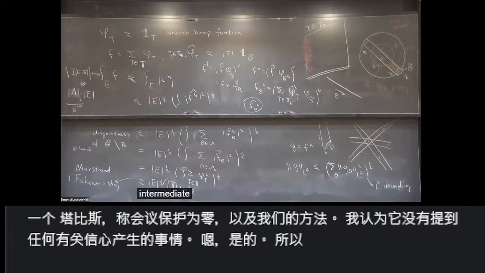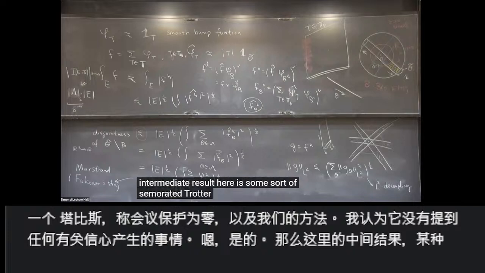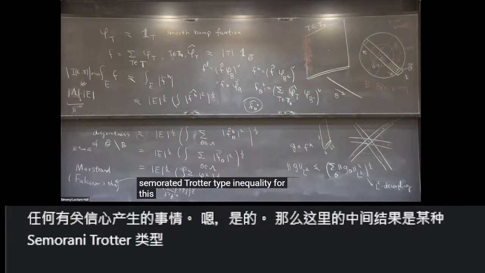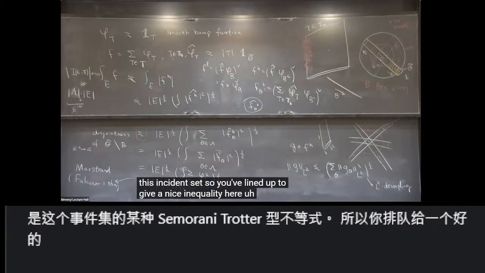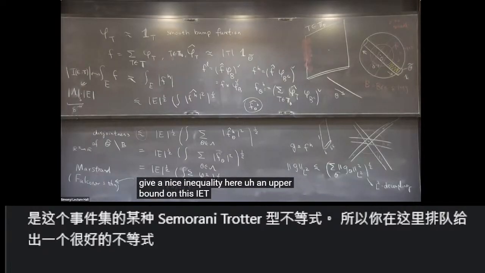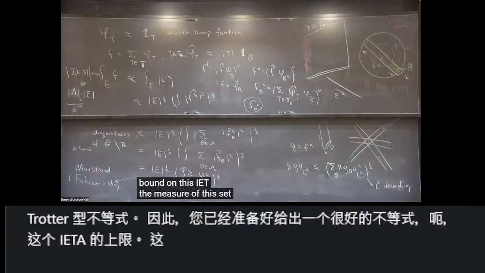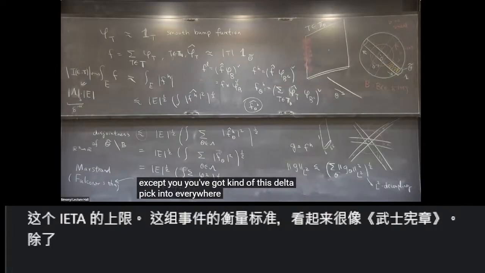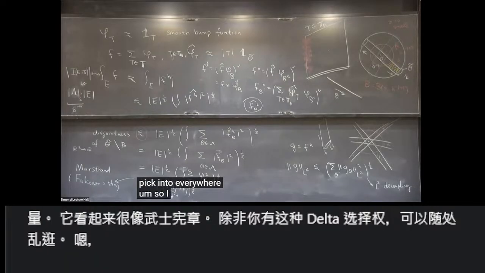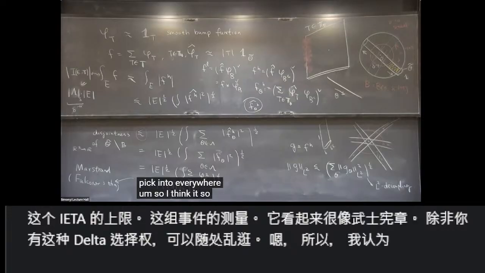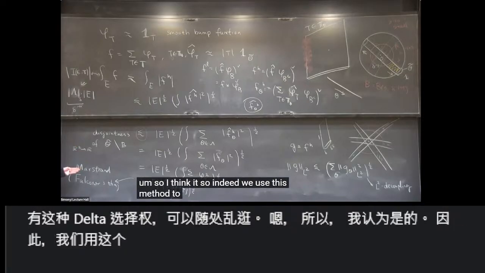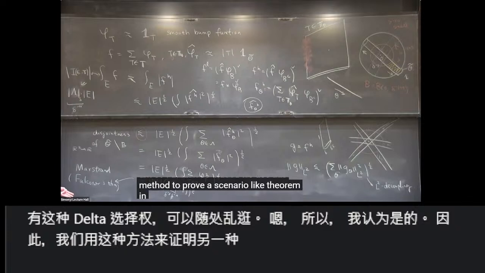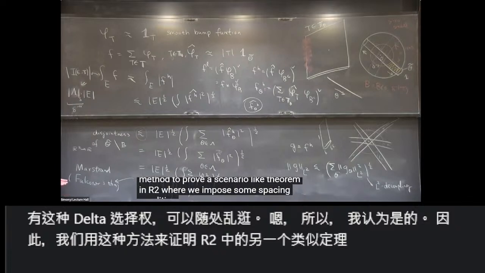Is an intermediate result here some sort of Szemerédi-Trotter type inequality for this incidence set, an upper bound on the measure of this set of incidences? It looks a lot like Szemerédi-Trotter, except you've got this delta thickening everywhere. Indeed, we use this method to prove a Szemerédi-Trotter-like theorem in R2, where we impose some spacing condition between the tubes.